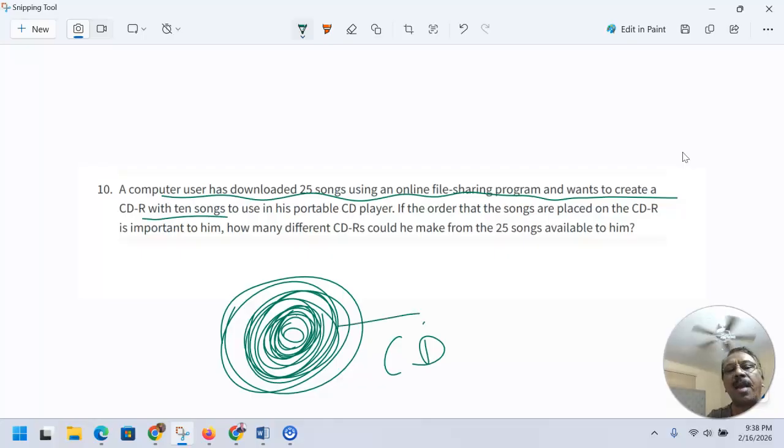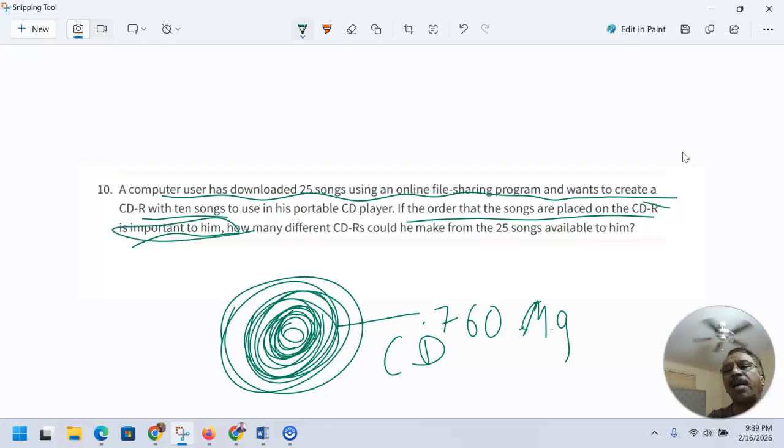So the CD-ROM, I remember, was about 700 and something megabytes. Anyway, the order that songs are selected on the CD-ROM is very important. I want you to underline this because this means permutation. Your order matters. How many different CDs could be made from 25 songs?